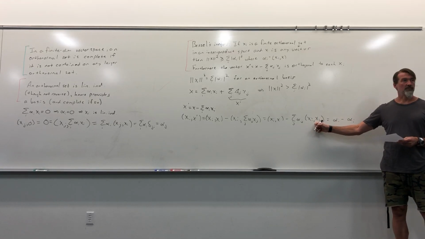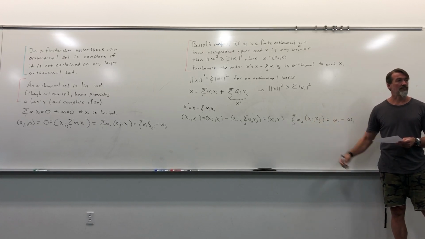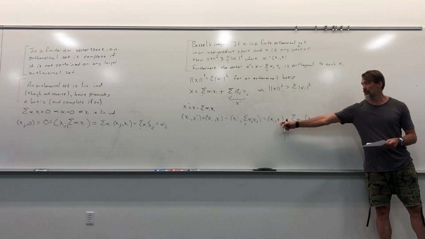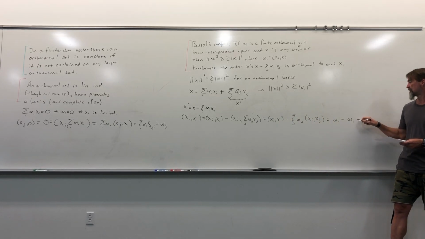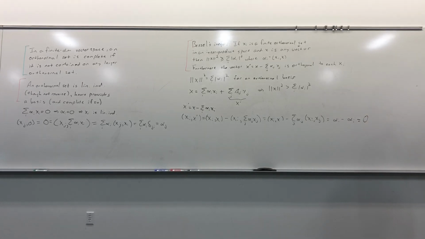This inner product just gives me delta ij, changing the j here to an i, reducing the sum to one term, making this alpha i, and of course the result of this is 0. They're orthogonal. Okay, we good?